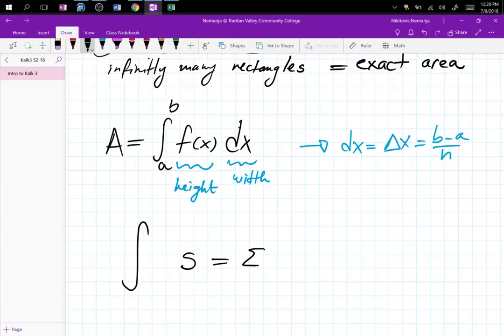It's pretty much 0 in thickness, so it fits under each single point under the function. There are infinitely many points between any two numbers. So therefore, you have an infinitely thin rectangle under each point of the function. There is no room for error, and that's why the area is exact.